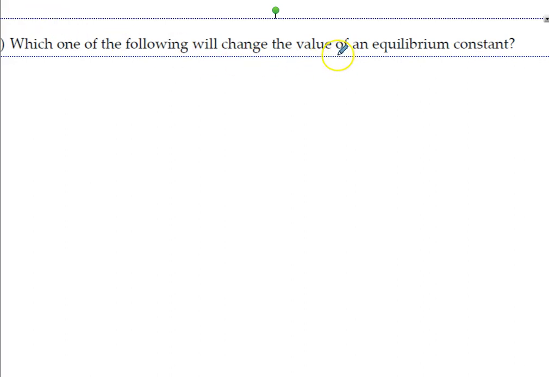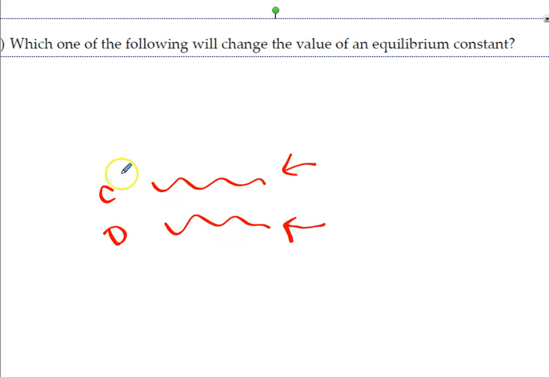The value of the equilibrium constant, this was missed way more than it needed to be, probably by over half the students here. There was C and D that were very tempting. Changing the initial concentration of this, changing the initial concentration of that. Nope, nope, and A, the temp.